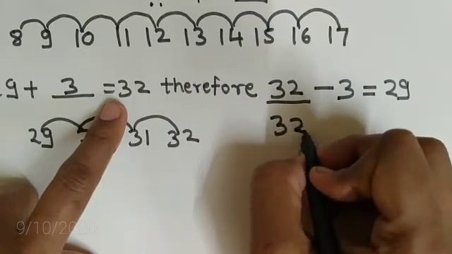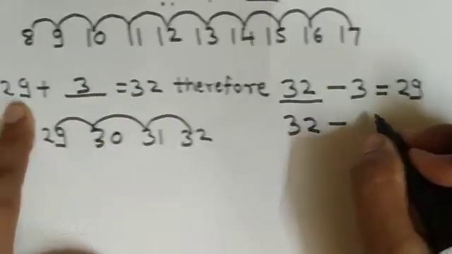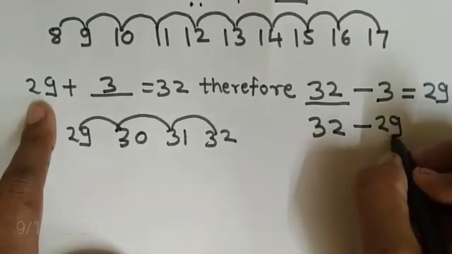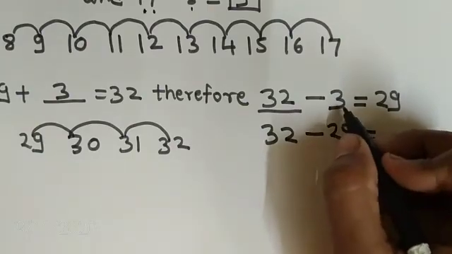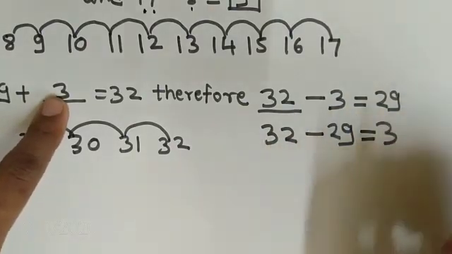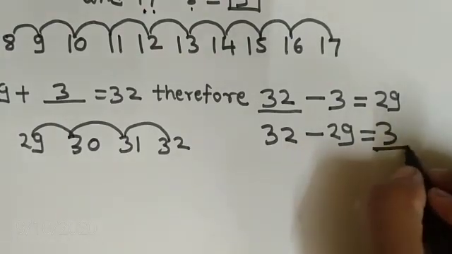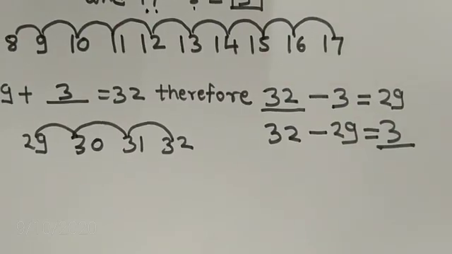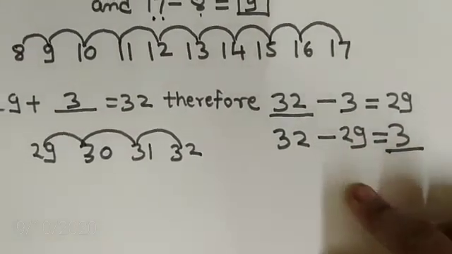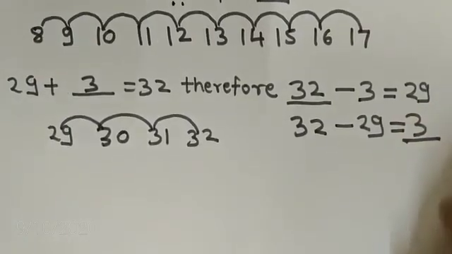We will take again the sum and subtract the other number, that is 29. So what will be the answer, children? Yes, 3, another number. Like that, children, you can find any subtraction or addition equation with the help of this method of subtraction and addition pair.